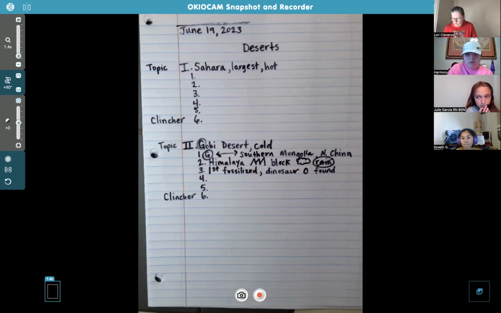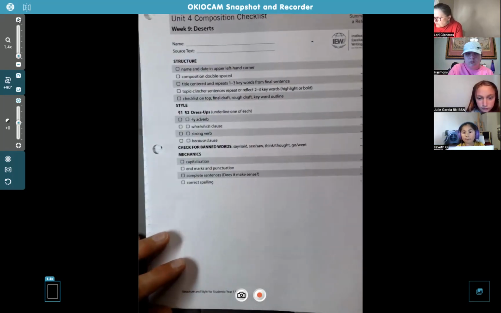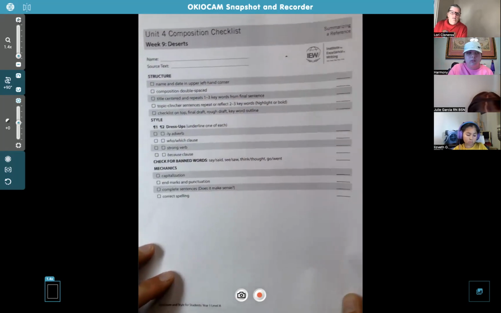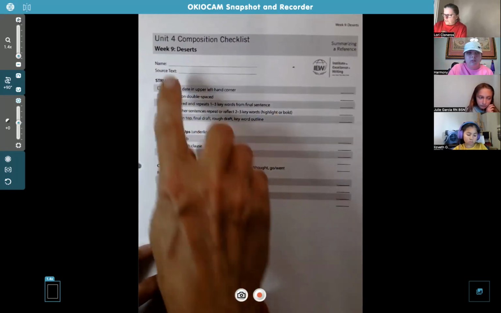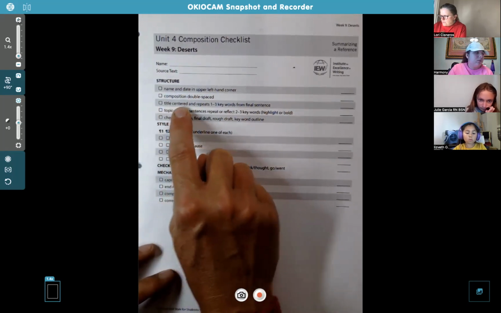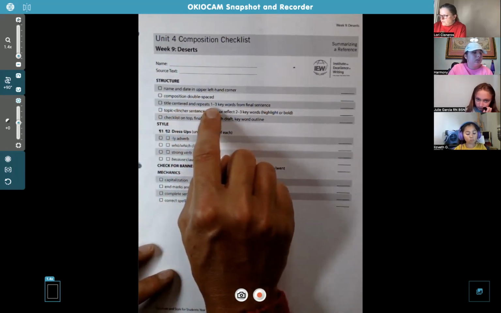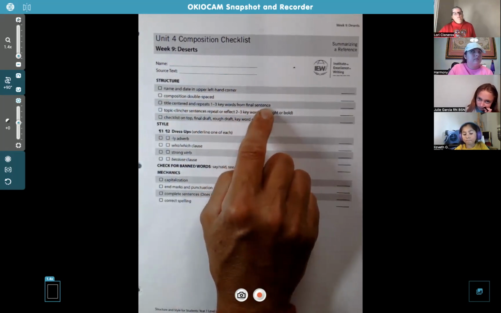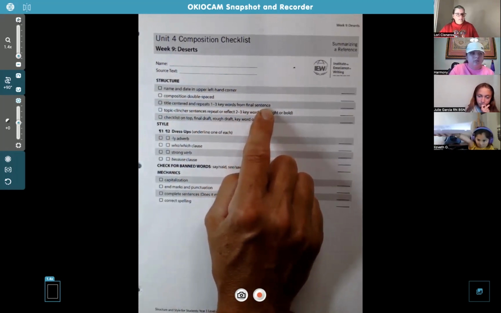Let's look at the checklist one more time. This is page 79. The checklist for deserts. So don't forget, up here it says title, centered, and repeats 1 to 3 key words from your final sentence. That's the last sentence. Now, guess what?